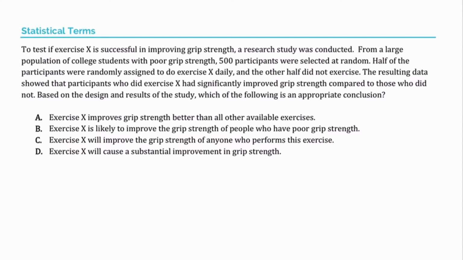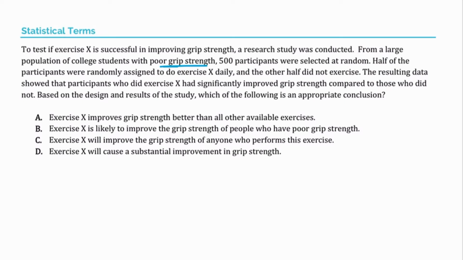Next question: to test if exercise X is successful in improving grip strength, a research study was conducted from a large population of college students with poor grip strength. Okay, so notice that what they did is they have all these college students and they just looked at the ones who do not have strong grips.